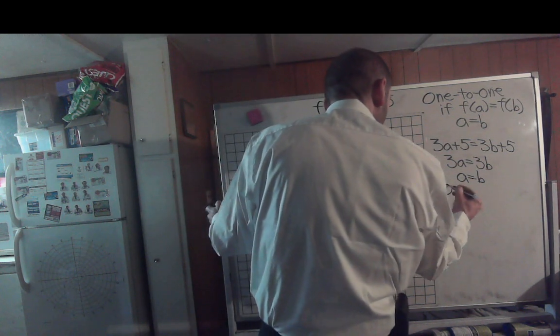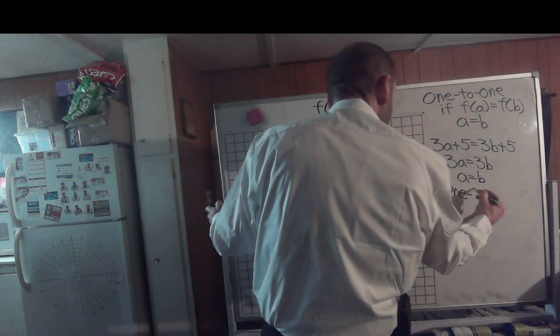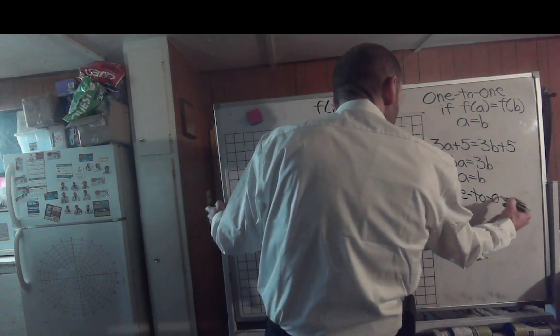So 3x plus 5 is a one-to-one function, which would mean it would have an inverse.